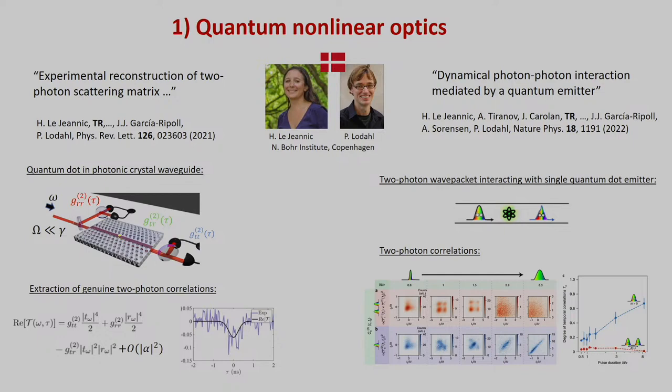The small plot below on the left shows the experimental signature. And on the right is a follow-up work that we did, in which we have in the input a wave packet instead of a continuous monochromatic field, and this wave packet interacts with the quantum dot and changes it, and we create correlations on the photons at the output.